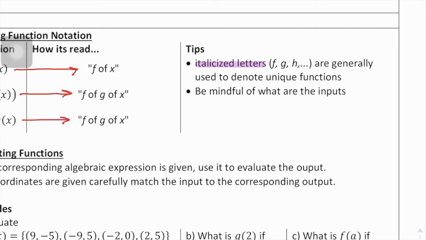It's just to denote that you are working with a function. And then you also have to be careful about what are the inputs. So when you see that function notation, that italicized letter, usually what will come right after is a set of parentheses. What's inside that set of parentheses then is the inputs for that function.